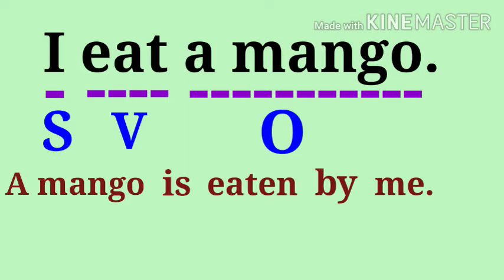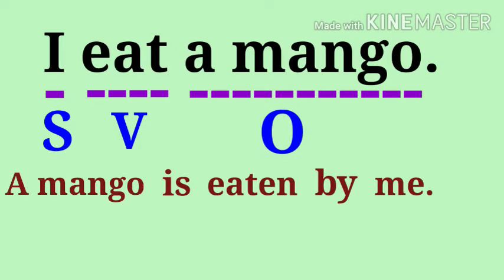Do you understand what we do? See, first of all you have to identify the subject, then the verb from the sentence. You have to ask that subject and the verb a question with what or whom, and then you can find out the object from the sentence.